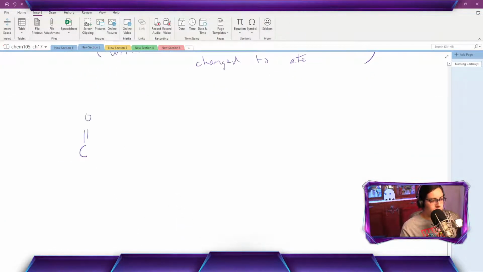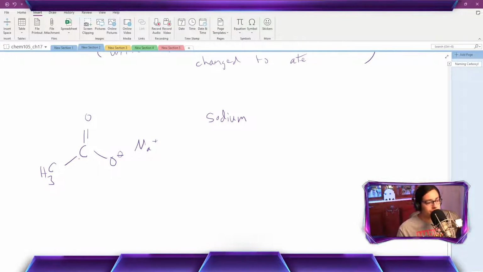So we have this compound here. And so we can start off by naming just our sodium, just like we would any other compound, right? Sodium chloride, sodium bromide, etc. So we always start with a cation. So sodium. And then we need to figure out what acid it came from.